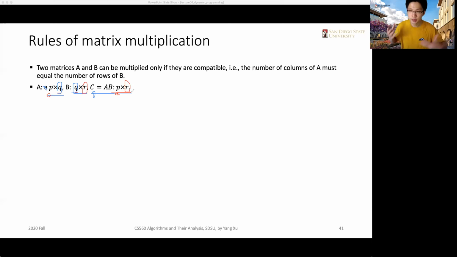And that is quite easy to memorize, right? We only need to consider the leftmost number, which is the number of rows, and the rightmost number, which is the number of columns, to compute the dimension of the resulting matrix C. So this is an important property we will need to use in the case of matrix chain multiplication.